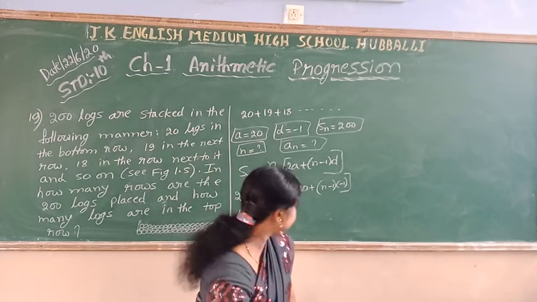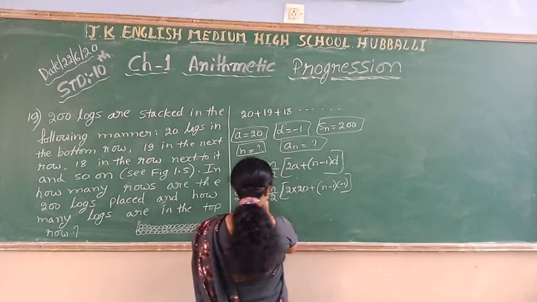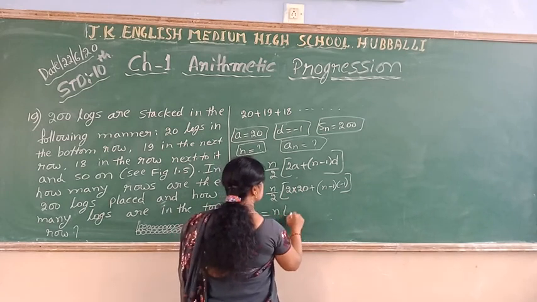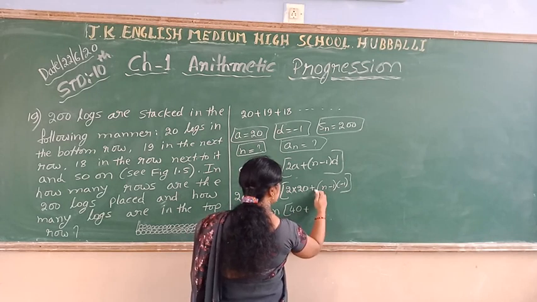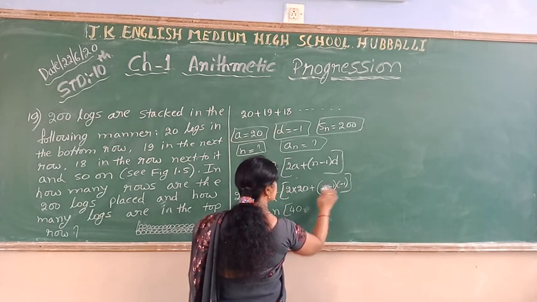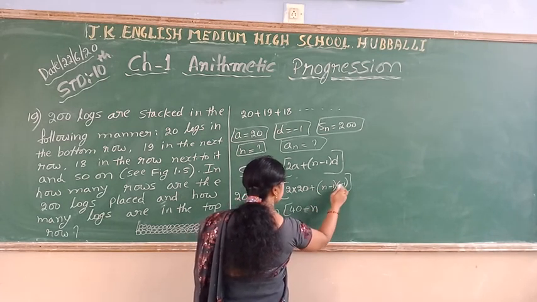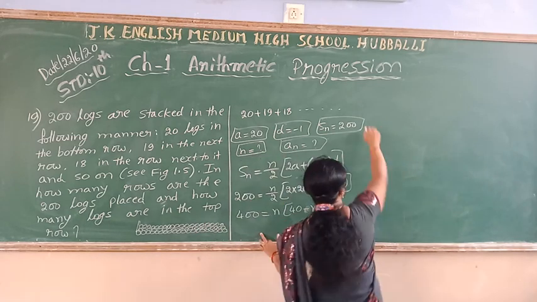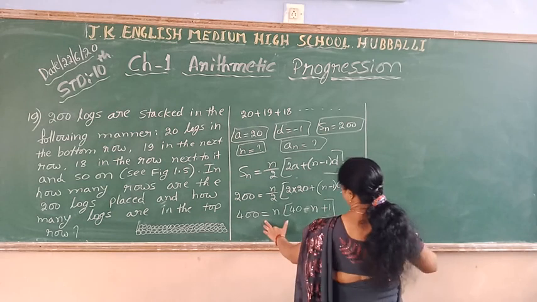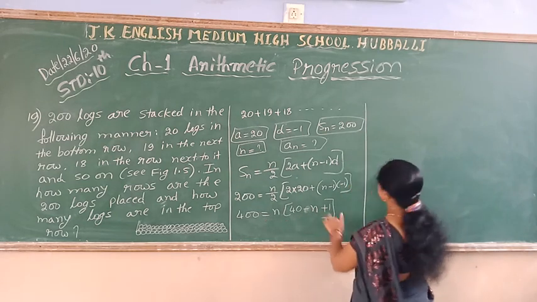Now cross multiplication is done. So 2 into 20 is 40. If you multiply, it becomes minus into plus, minus n, minus into minus, plus 1. So then I can simplify and find out the value of n. So multiply now.